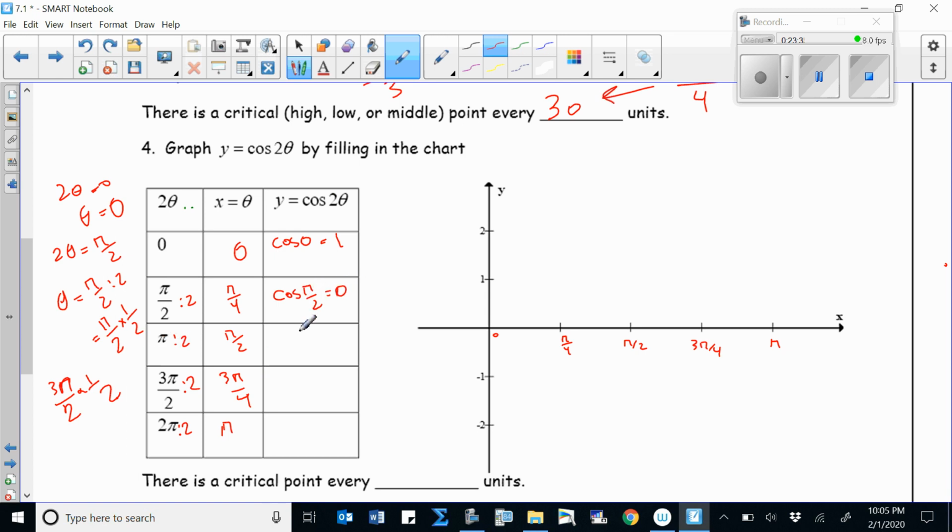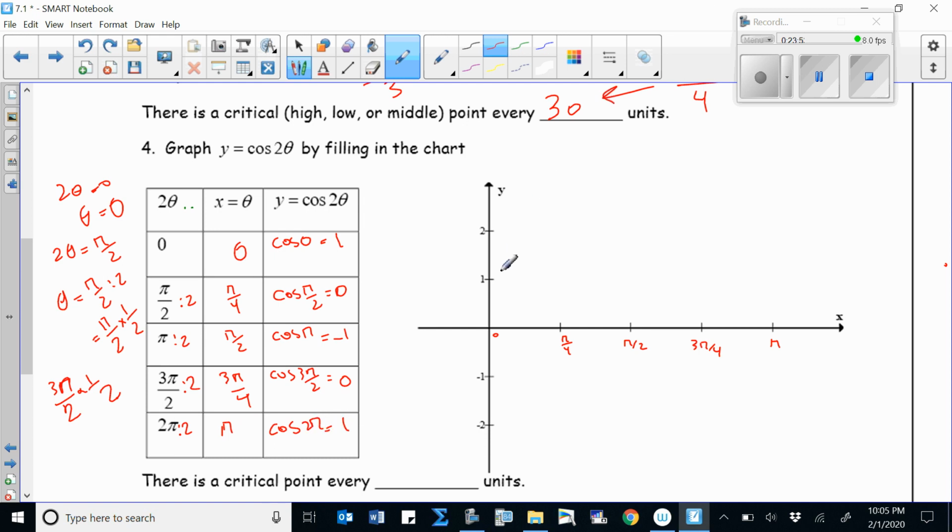Then we have cosine of pi. That's negative 1. Cosine of 3 pi over 2 is 0. And the last one, cosine of 2 pi, which is 1.